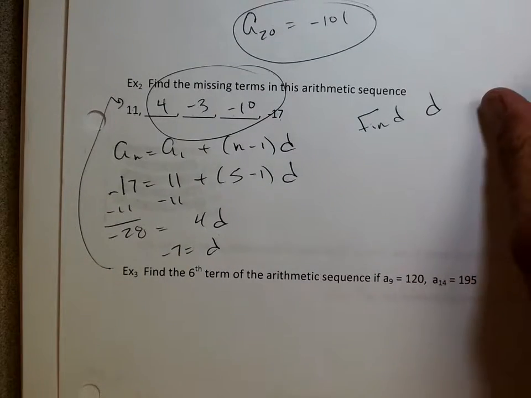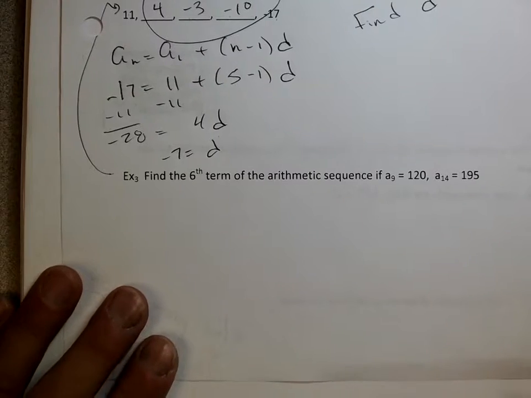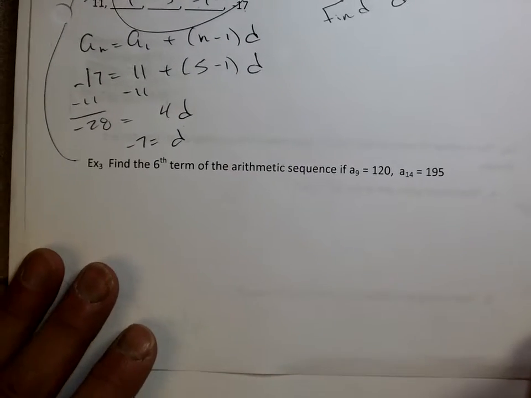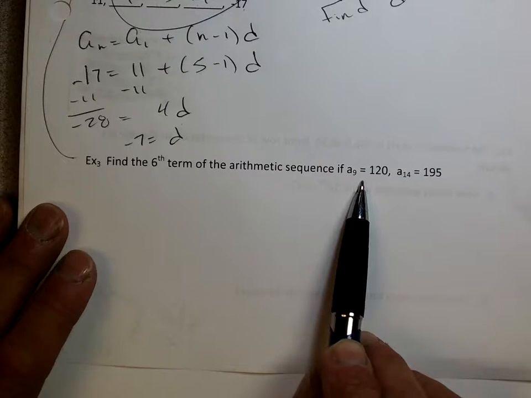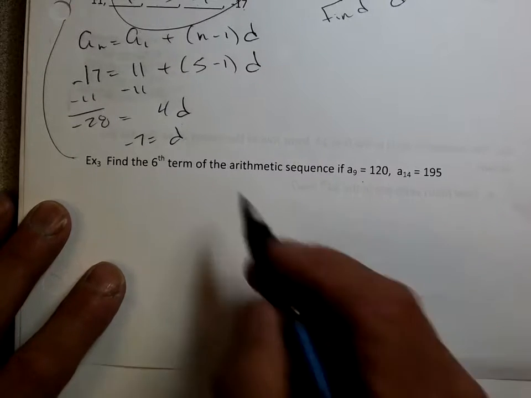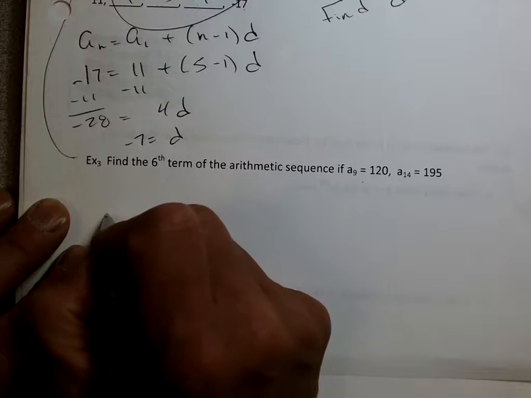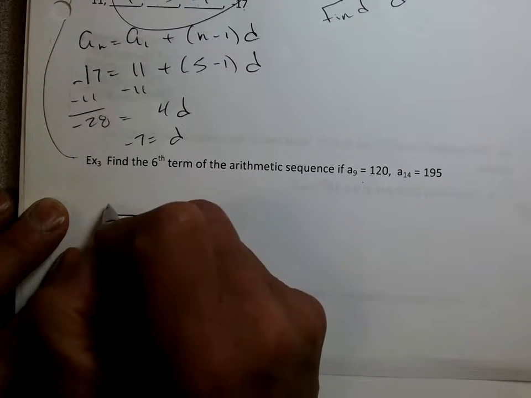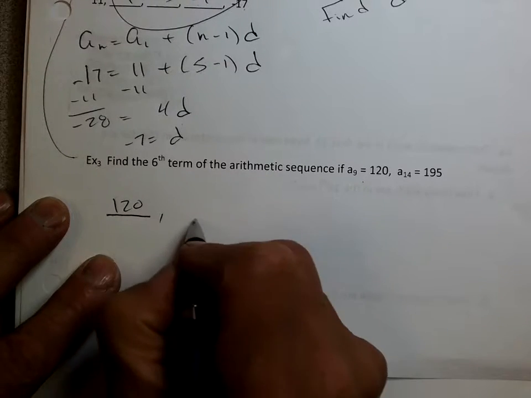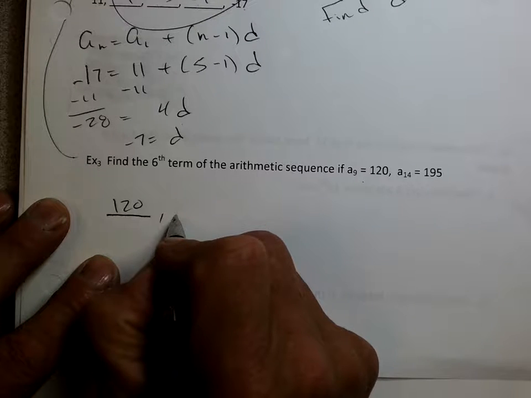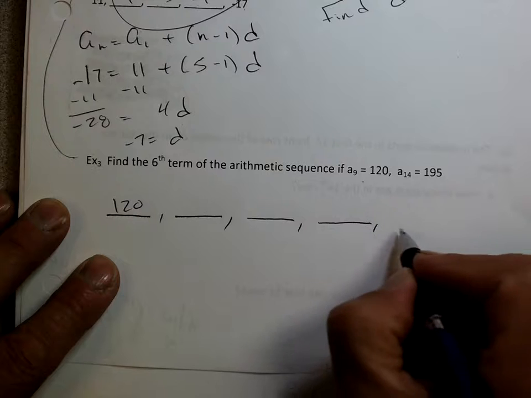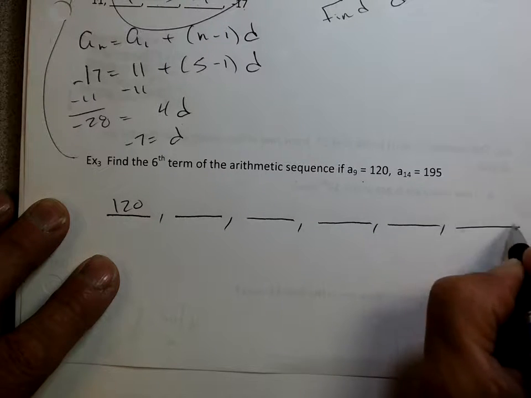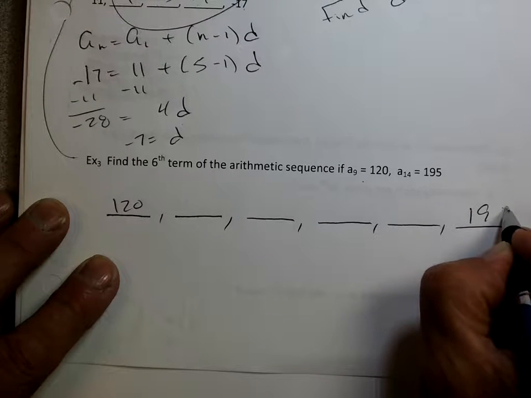Okay, example 3. Find the 6th term of the arithmetic sequence. So what I have is the 9th, and I have the 14th, right? So I'm going to write down, I've got 1, here's my 120, here's my 9th, 10th, 11th, 12th, 13th, and my 14th is 195, okay?